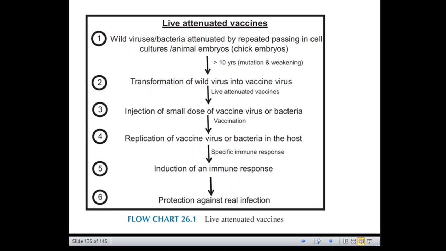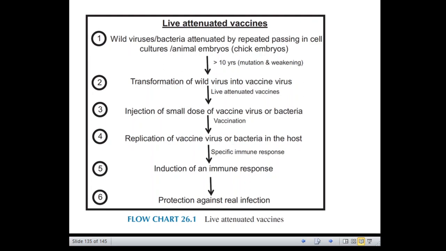Right. So the live attenuated virus vaccines are prepared from attenuated strains that are almost or completely devoid of pathogenicity but are capable of inducing a protective immune response.